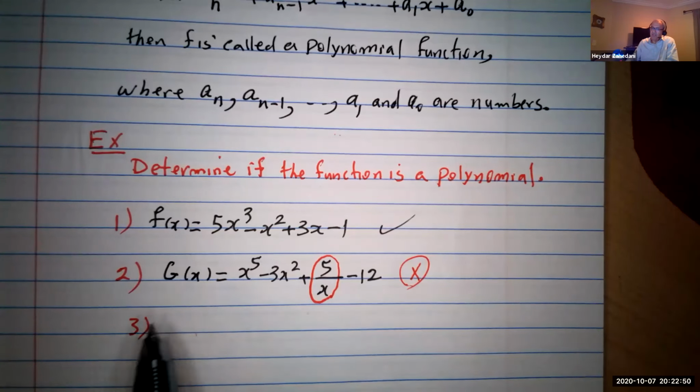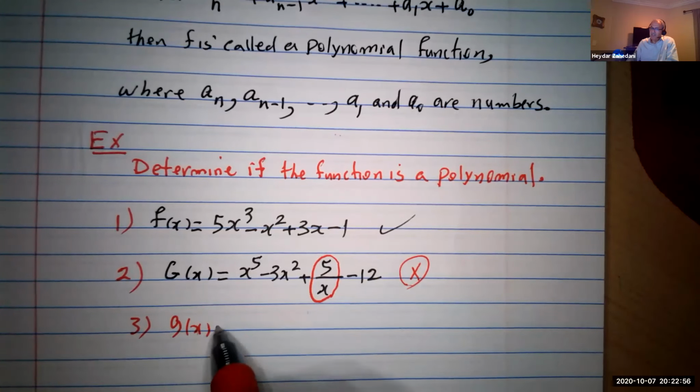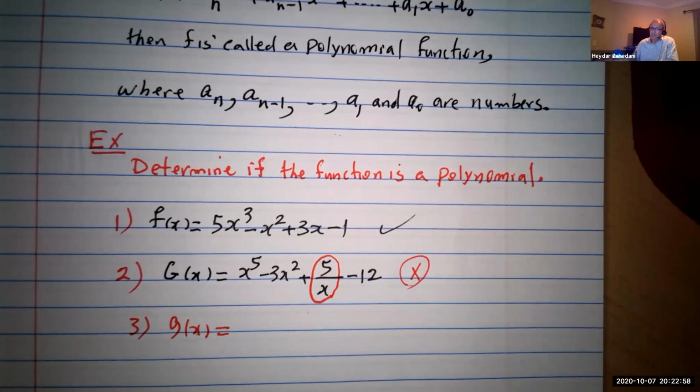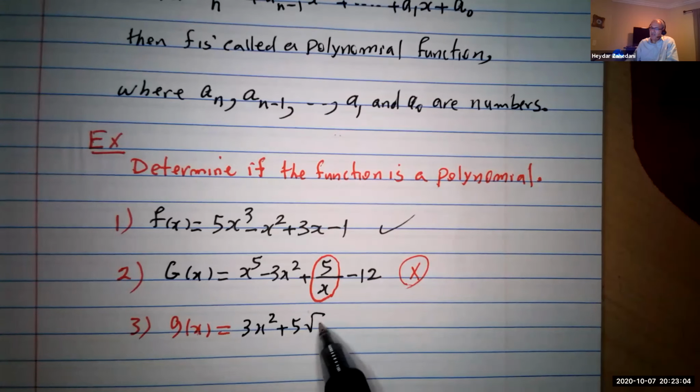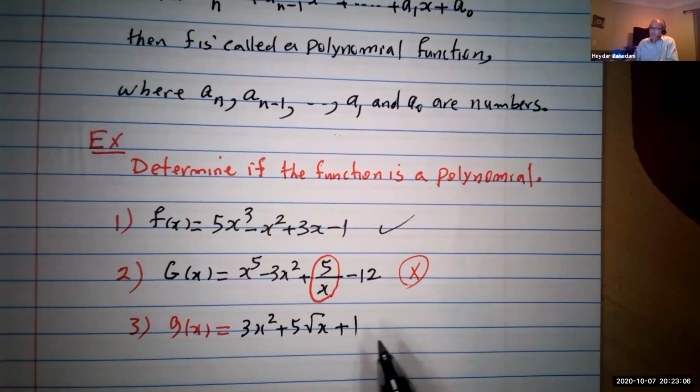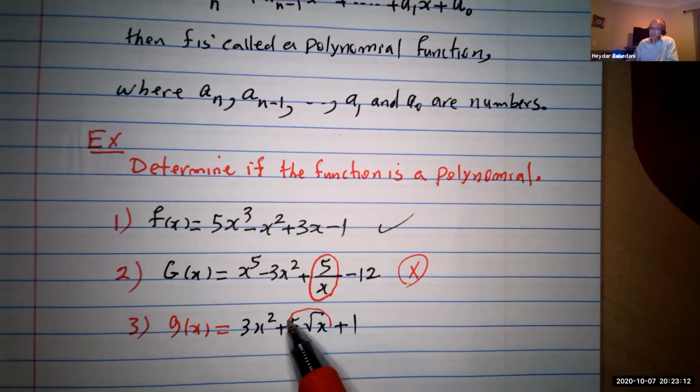Another one: if you are given g of x equal to 3x squared plus 5 radical x plus 1, again this is not a polynomial, because this is not a term.